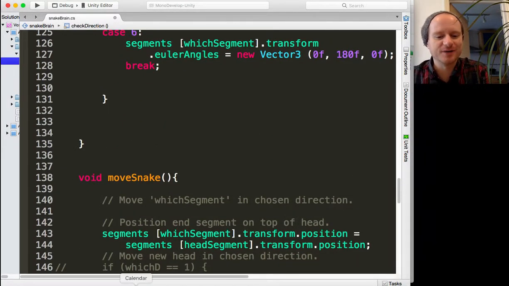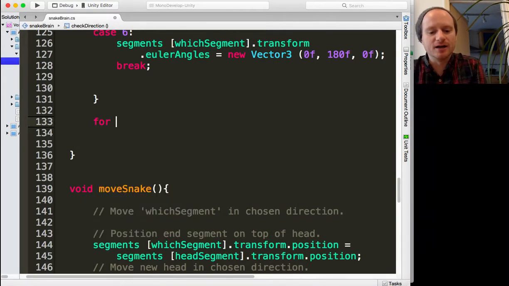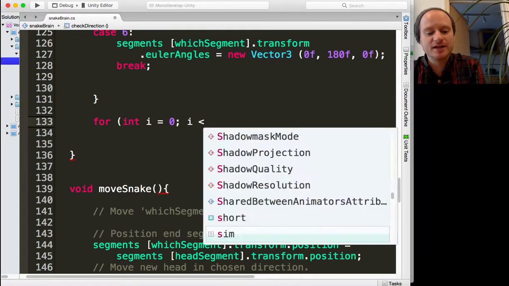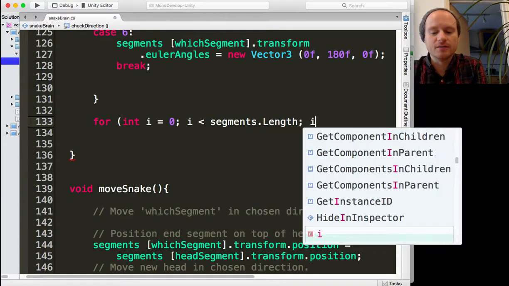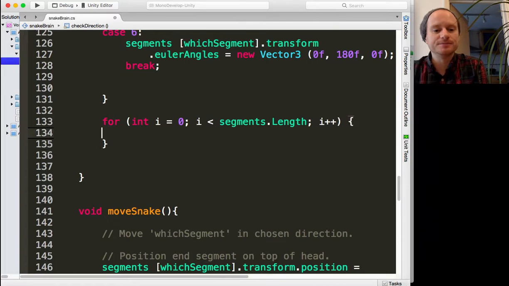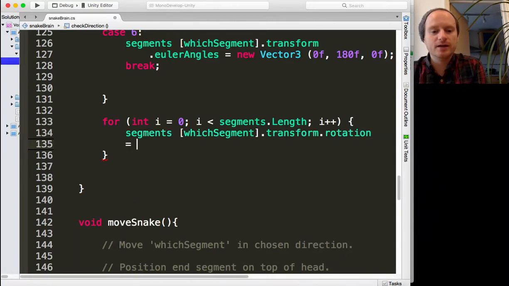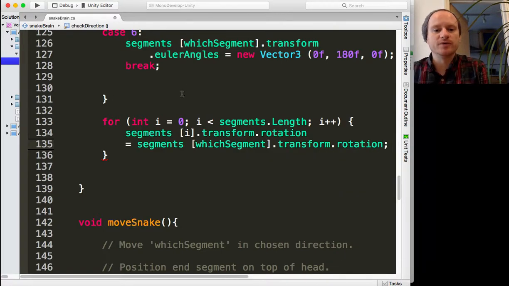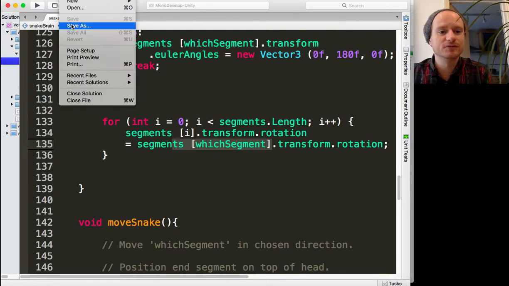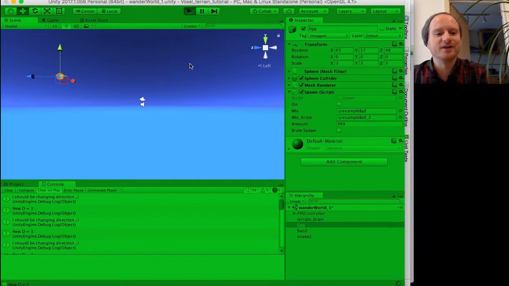After we've got our newly rotated tail segment, we can say for int i equals 0, while i is less than the length of our snake, which is this array's length, increment i by 1 each for loop, and we want to say for every segment its rotation equals the rotation that we've just corrected for the which segment. We don't have to change the which segment zone one again, but we'll leave that in there. So this loop will look at this segment as well and change it to itself, which is not optimal, but you could tidy that up on another occasion.